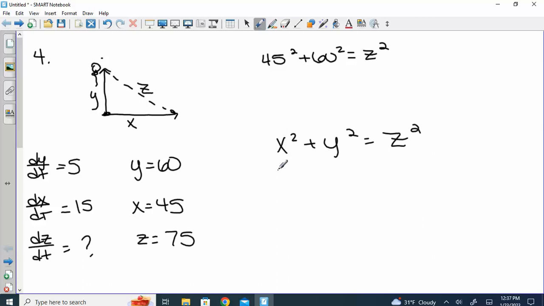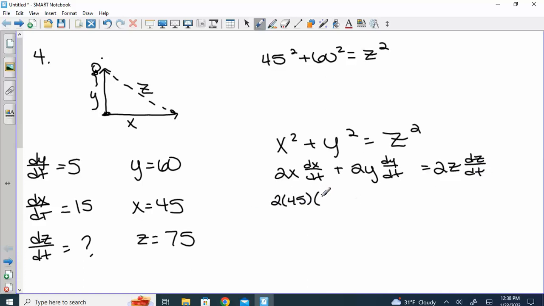So the derivative of x squared is 2x dx/dt. The derivative of y squared would be 2y dy/dt, equals 2z dz/dt. Then if we plug things in, make sure you're writing this line. I think I talked about that Friday. Don't try to plug in at the same time. Show me the derivative and then plug things in.